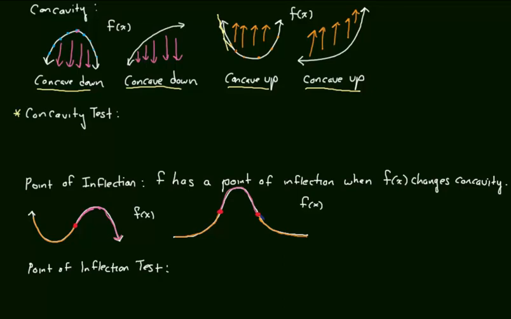And then I'll move from left to right at a different point, and then that slope is maybe negative 20, and then negative 1. At some point we see we have a horizontal tangent, so the slope is 0, and then it's 15, and then it's 45, and then it's 300. So you can see that those slopes are increasing. Same thing here. Slope is 1, slope is 10, slope is 45, slope is 262.